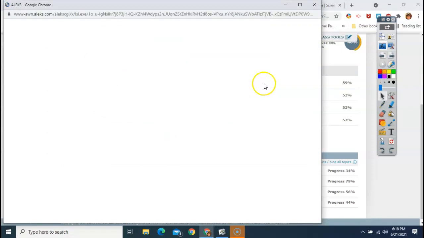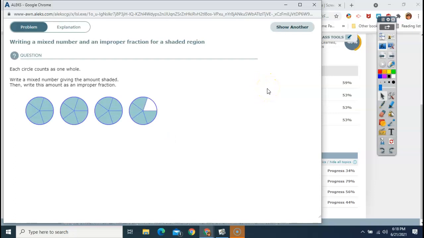Okay. So the shaded region, the first thing we're going to do is look at the improper fraction. Oh, I'm sorry, the mixed number. We have 1, 2, 3 whole balls. But then we have this ball here, and it's cut up into 5 pieces.